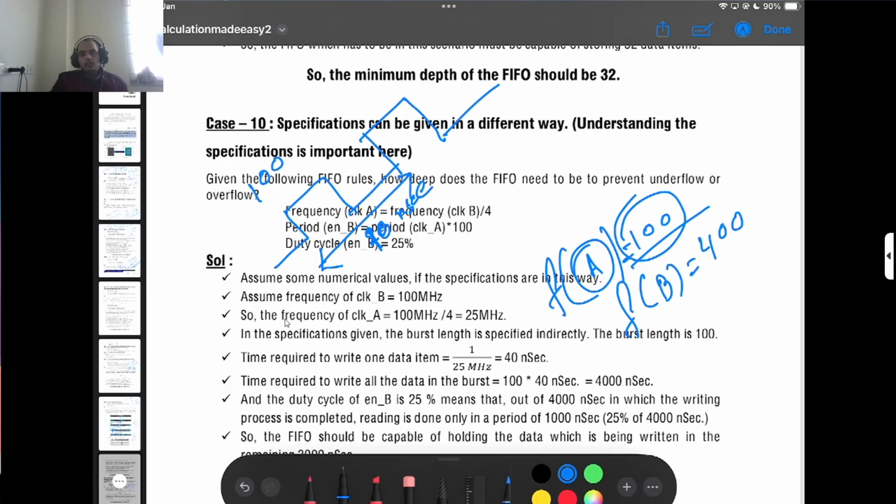The period of clock A is 400 nanosecond, frequency is 400. So this is the problem, it looks like this.